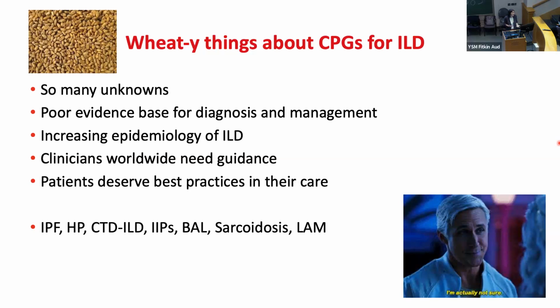What these guidelines provide to clinicians worldwide is a best practice, hopefully from global expertise. There have been guidelines on IPF, HP, systemic sclerosis, IIPs, BAL, sarcoidosis, LAM. Clinicians worldwide, I think, appreciate this knowledge and these documents. I know I certainly do outside of my field. I think they serve a really good purpose because we're actually not sure about a lot of what we do. I think people just want to know they're not doing anything wrong.